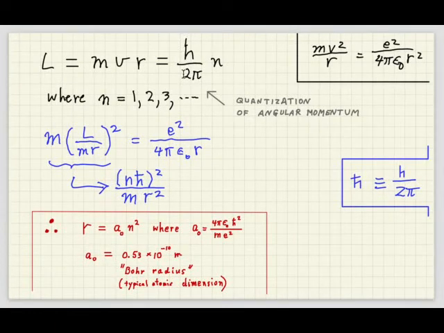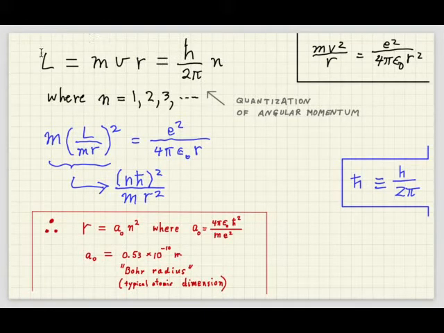H over 2 pi is called h bar. It's h with a bar. So in many equations you'll see h bar. What is it? It's h over 2 pi, Planck's constant, which was known from the photon theory, divided by 2 pi.